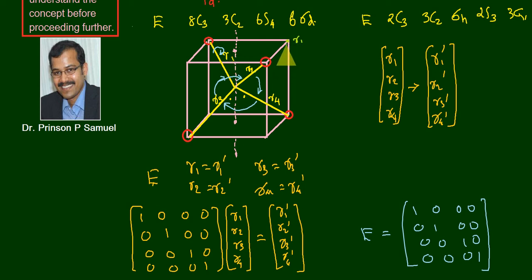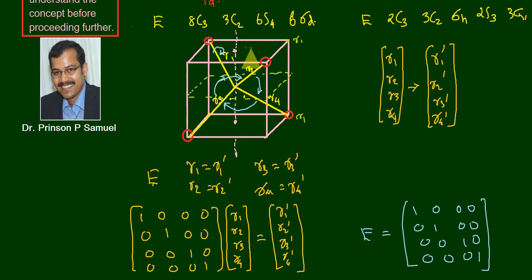And then there will be a reflection perpendicular to the axis of rotation. So what will be the plane of that reflection? This is the plane of the reflection. See, there is a perpendicular plane like this, and about this plane we are reflecting it. So when R1 is reflected about this perpendicular plane, the reflection of R1 will come here, right?